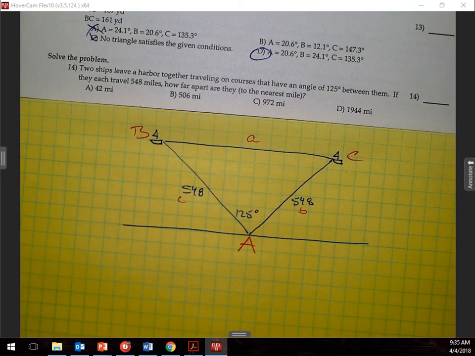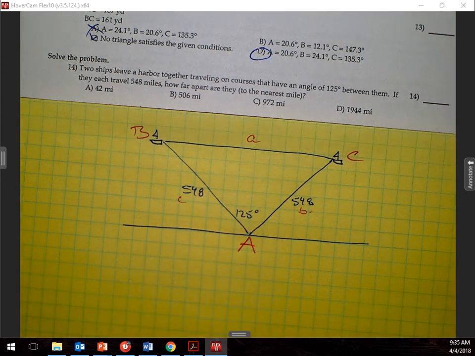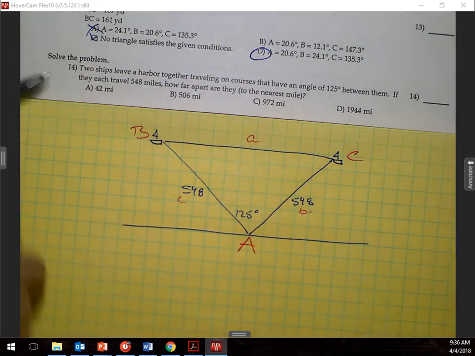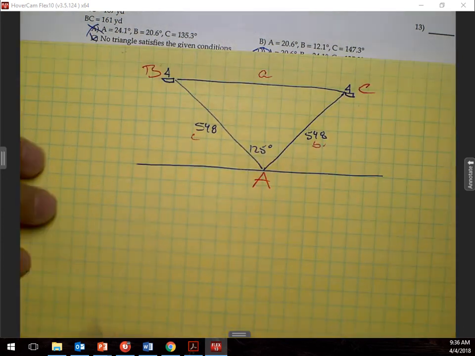First, let's go back. You have SAS, don't you? Side, angle, side. So it's going to be cosine. We're looking for cosine because we want to find this value here to here. Law of cosine. So let's go ahead and do the math on that one.